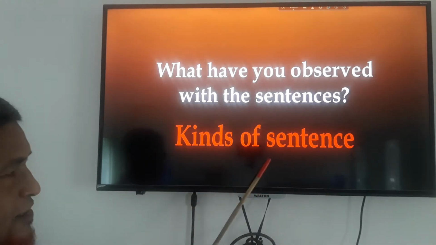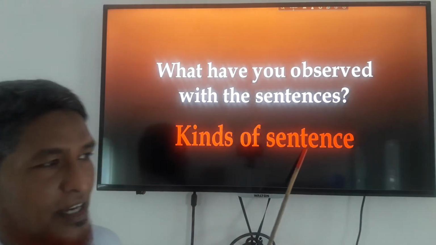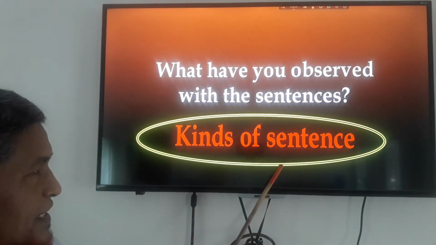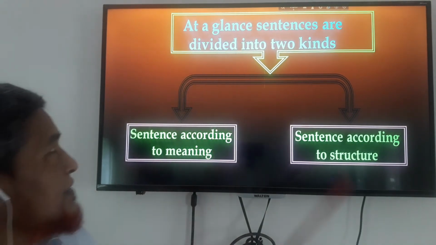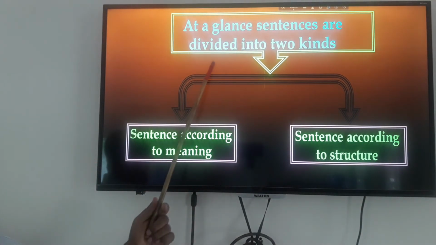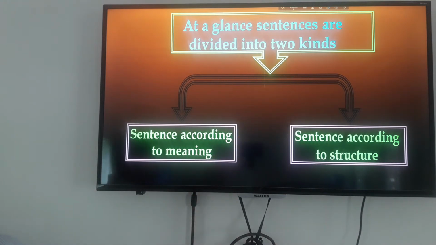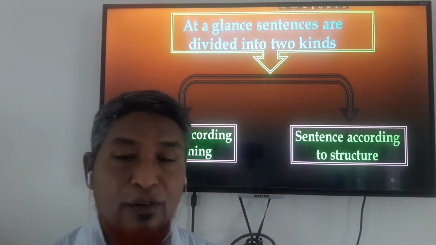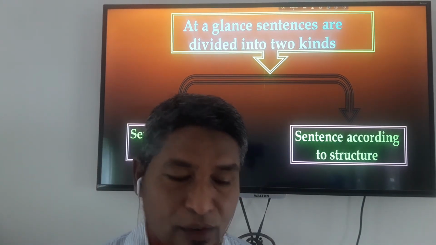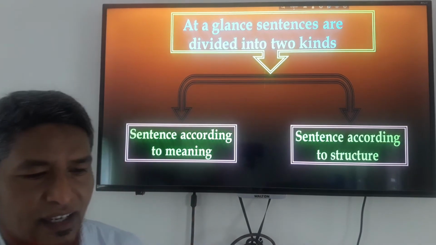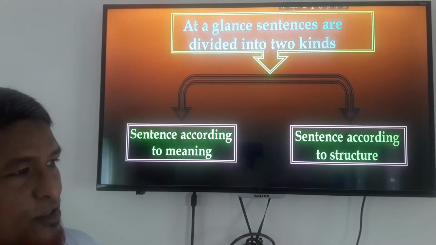The sentences there are related to the kinds of sentences. So, at a glance, sentences are divided into two kinds.